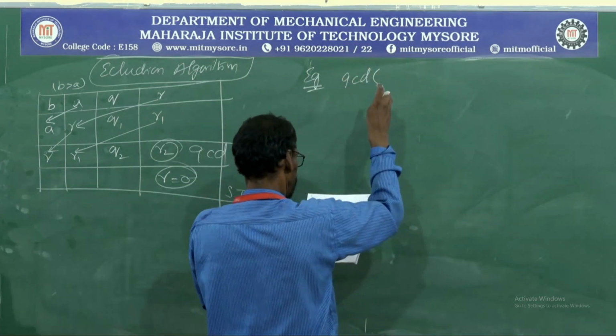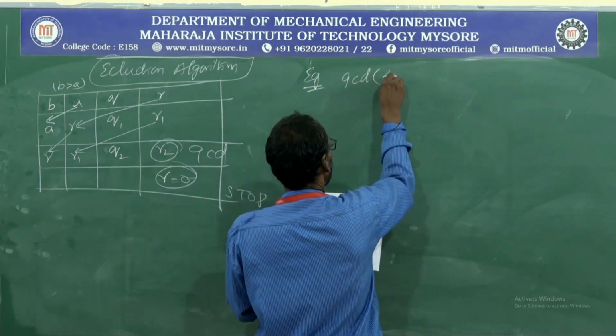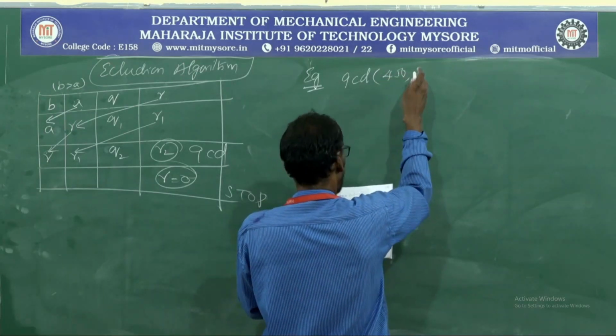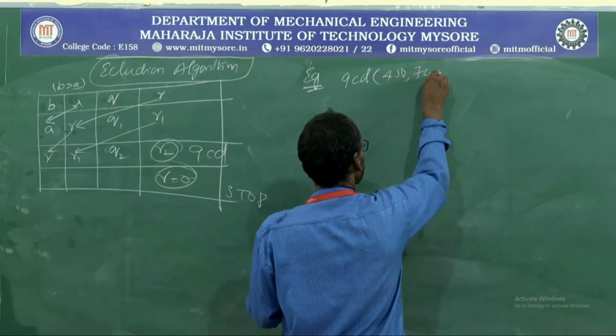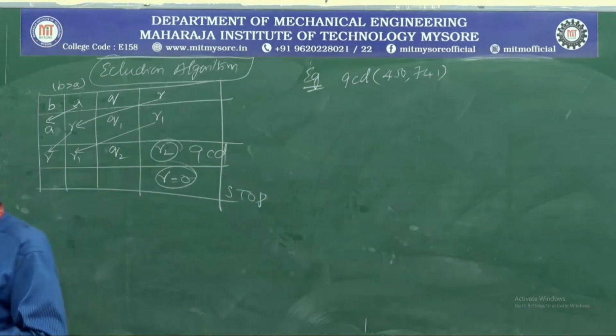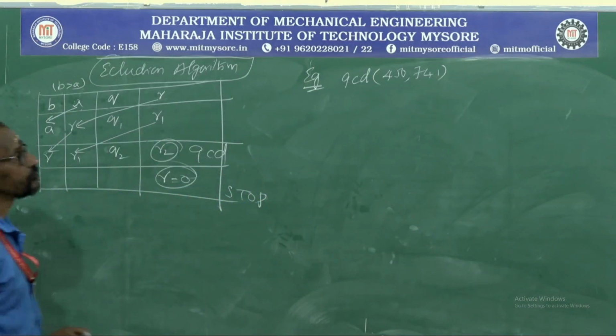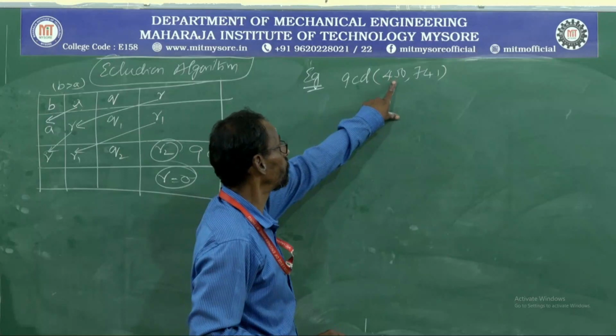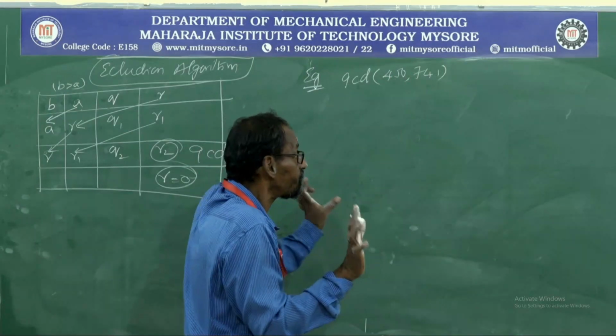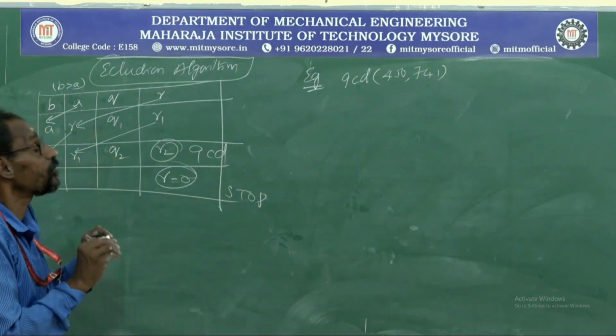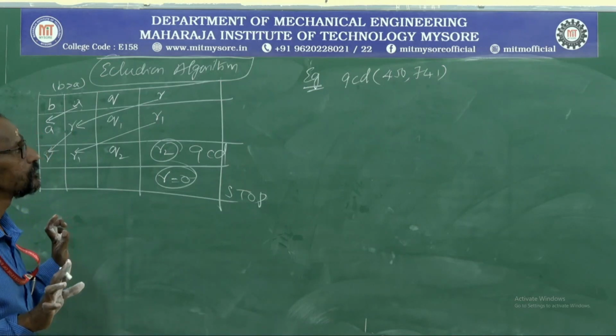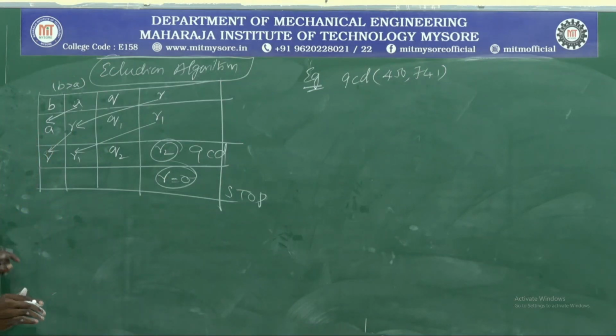GCD of the pair 450 and 741. The numbers are not simple; they are quite large. You don't apply the classical approach of finding GCD.